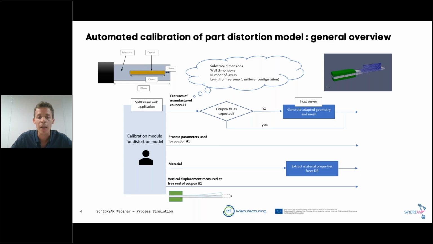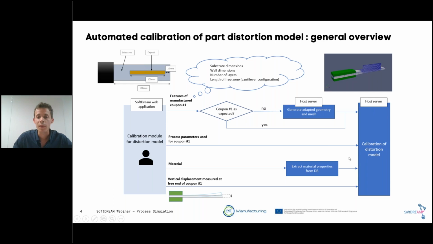This input will be the key for calibrating the distortion model. So all this calibration is performed on the remote host server, and results, so the calibrated model, are sent back to the web application and are then accessible to the user.